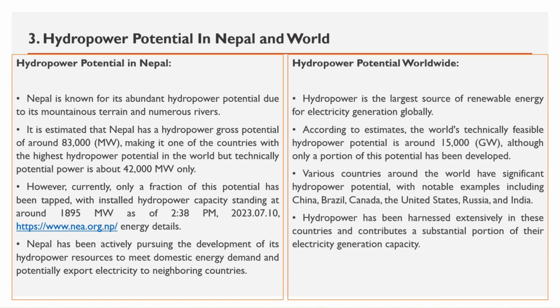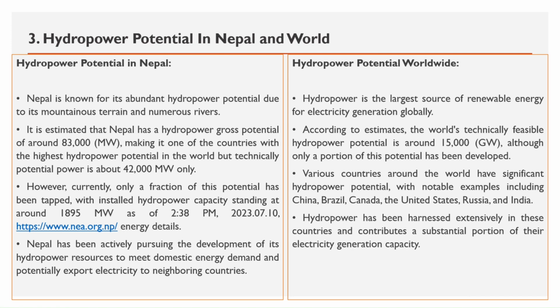And now let's talk about the potential worldwide. Hydropower is the largest source of renewable energy for electricity generation globally. According to estimates, the world's technically feasible hydropower potential is around 15,000 gigawatts, although only a portion of this potential has been developed.